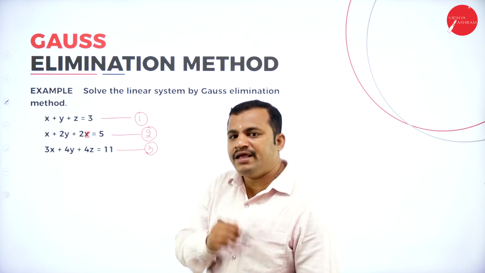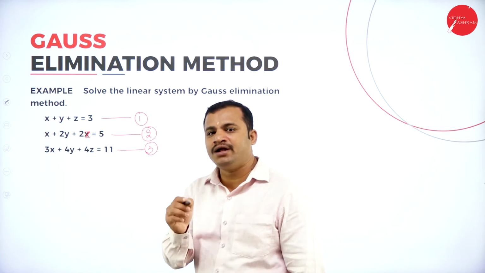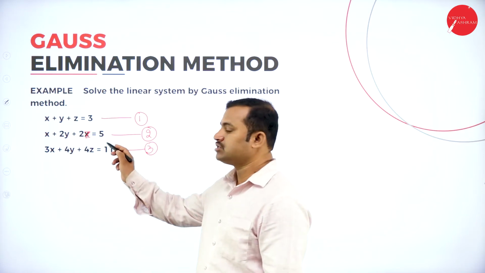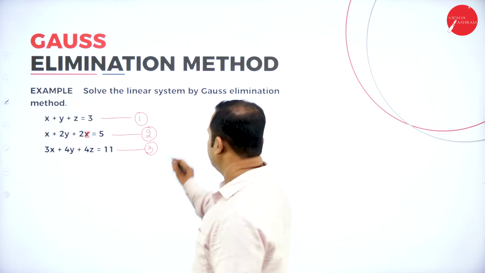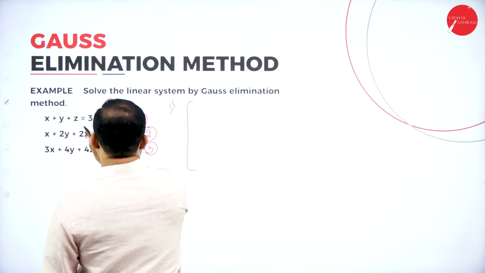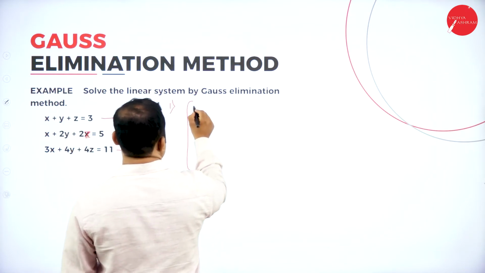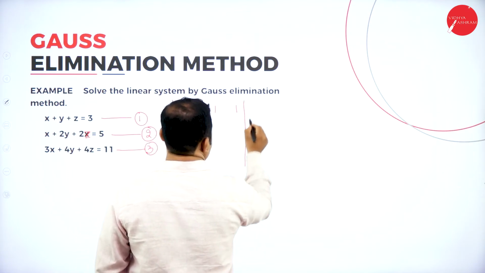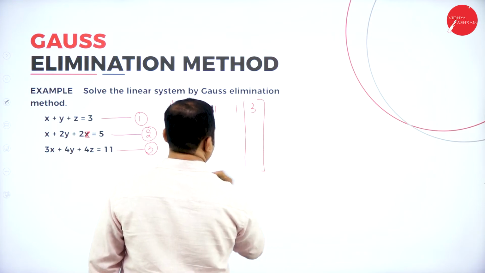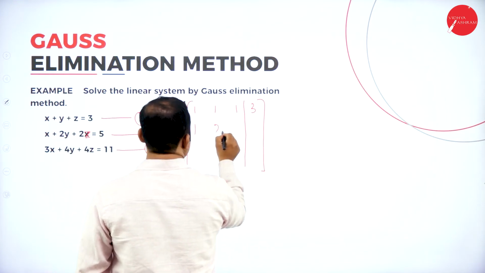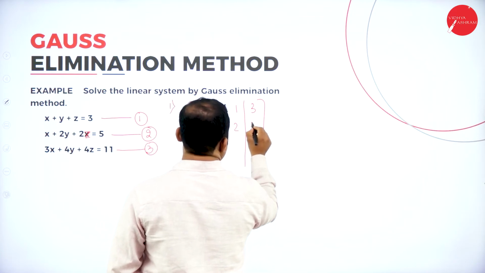Now immediately after this, I have to write down the augmented matrix in the first step as a solution to these equations. Let me write down the augmented matrix first. The augmented matrix goes on like this: 1, 1, 1, 3. Then the second equation, 1, 2, 2, 5.